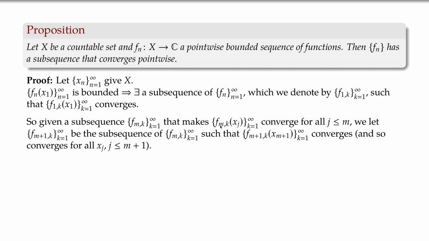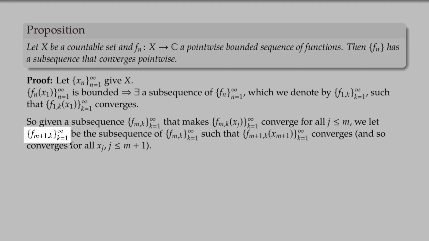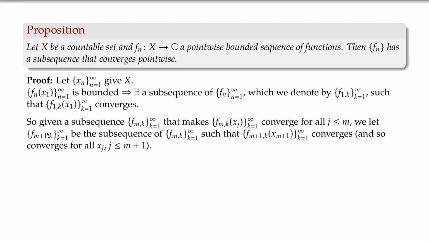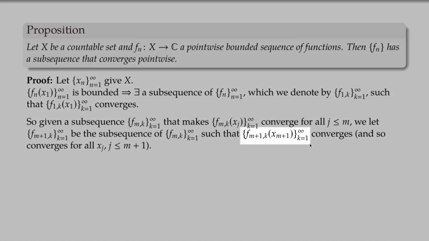So it's definitely a subsequence of the original sequence. Then we do exactly what we did in the first step. We take a new subsequence, call it f sub m plus 1 comma k, a subsequence of the previous f sub m comma k, and make sure that it converges at the point x sub m plus 1.